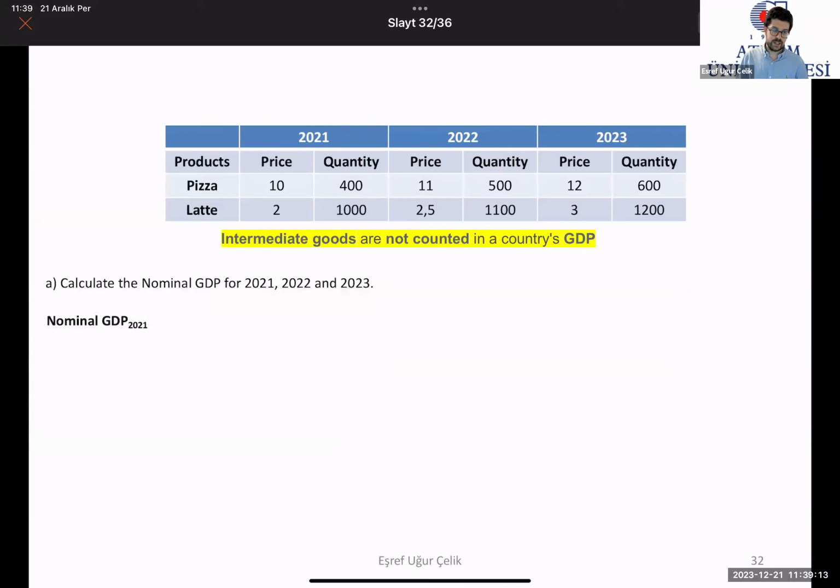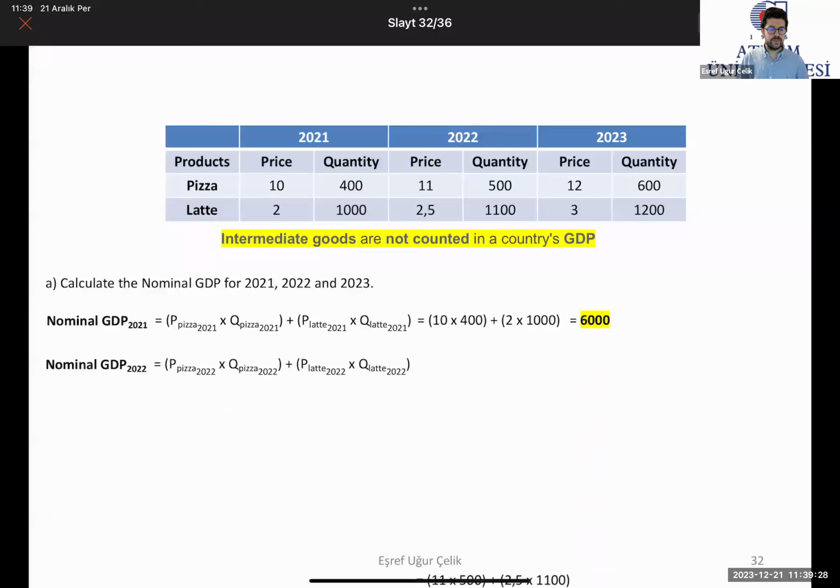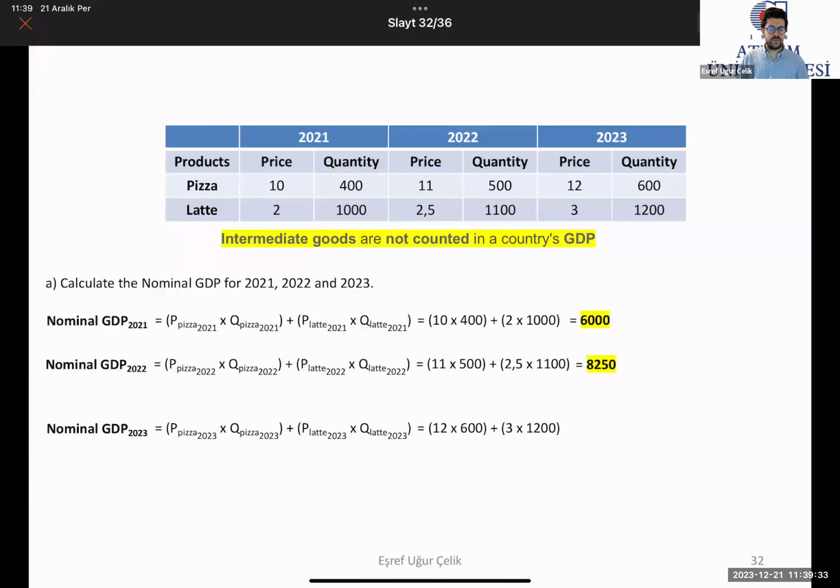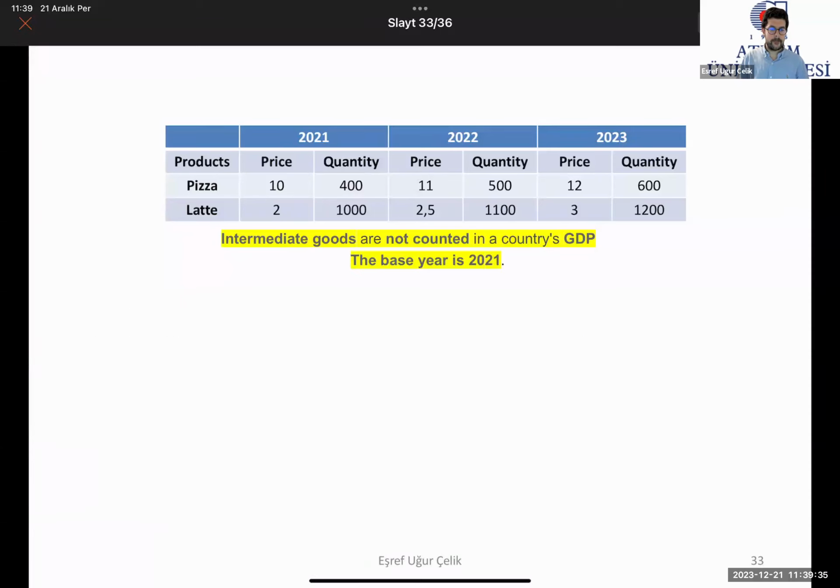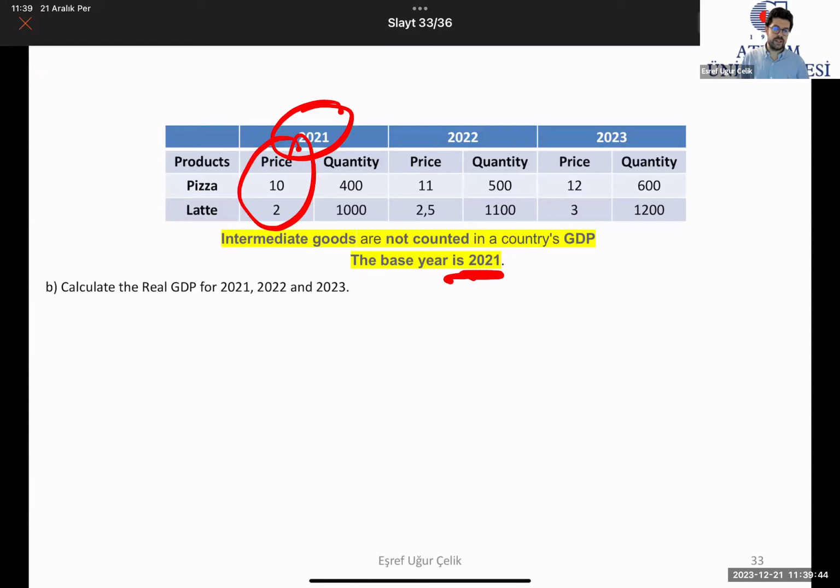This time 3 years. And if I don't mention the base year, you cannot calculate the real GDP. But these parts are related with the nominal GDP. And the question said base year is 2023. In the real GDP, we get the price of base year.